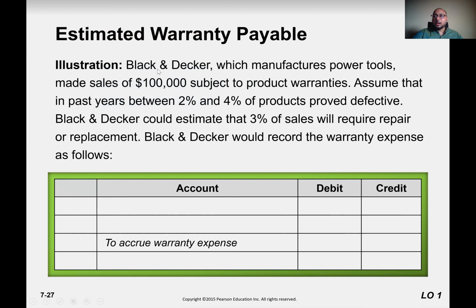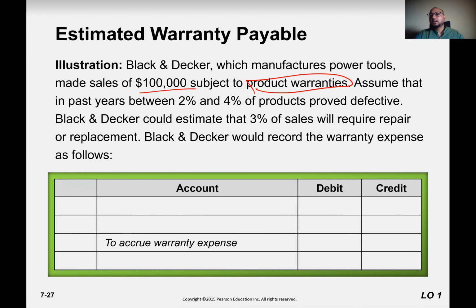So I have an illustration here. So let's read that one. Black & Decker, which manufactures power tools, made sales of 100,000 subject to product warranties. The sales is 100,000. The question is silent, so it must be the credit sales, right?